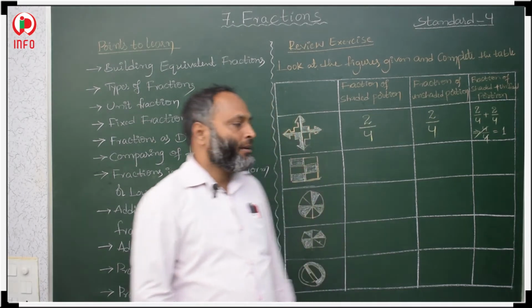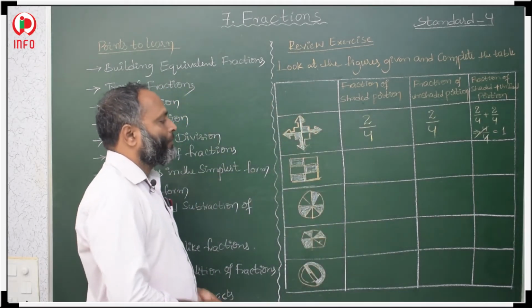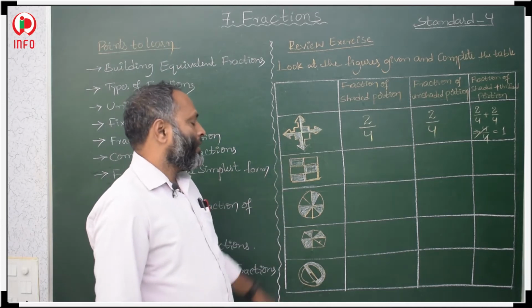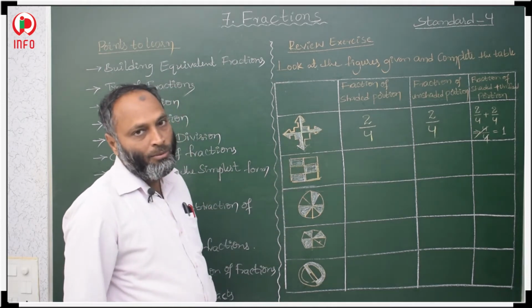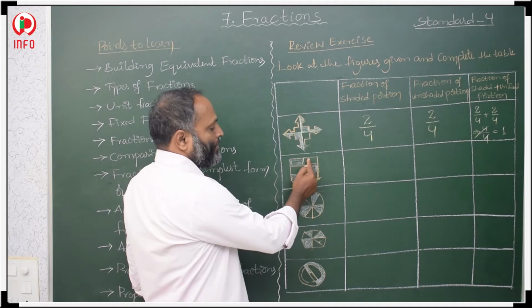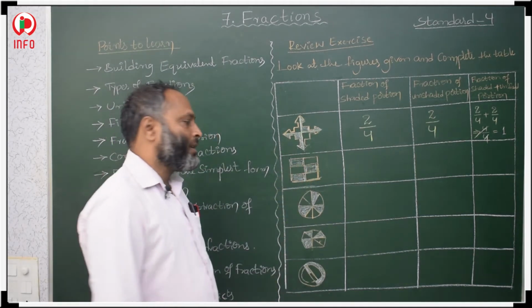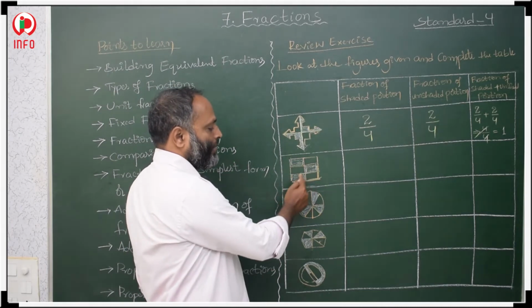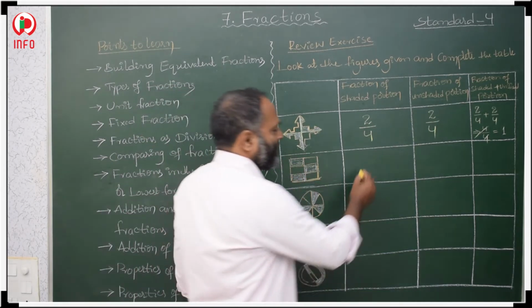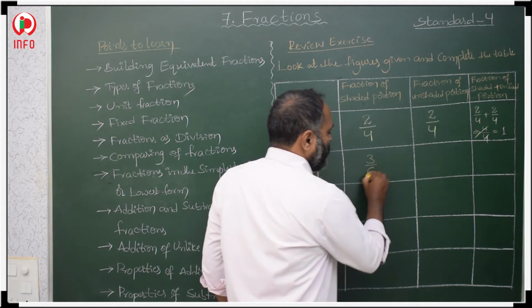Next, in this picture, how many portions are there? Total portions we have to count. 1, 2, 3, 4, 5, 6. In these 6 portions, how many are shaded? 1, 2, 3. 3 are shaded, which means 3 by 6.